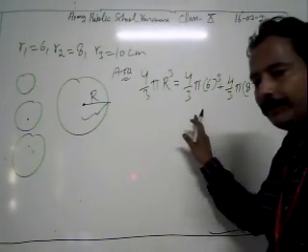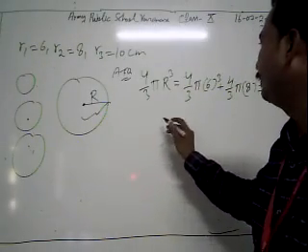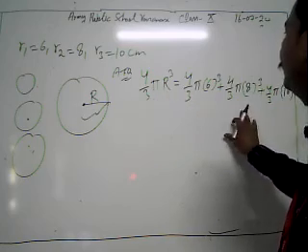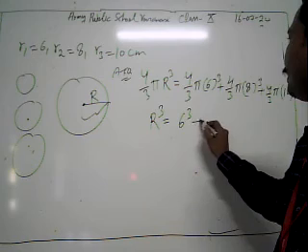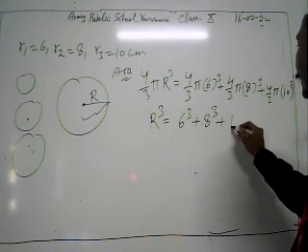Now take out 4 by 3 pi common and cancel it out. Then we have r cube is equal to 6 cube plus 8 cube plus 10 cube.